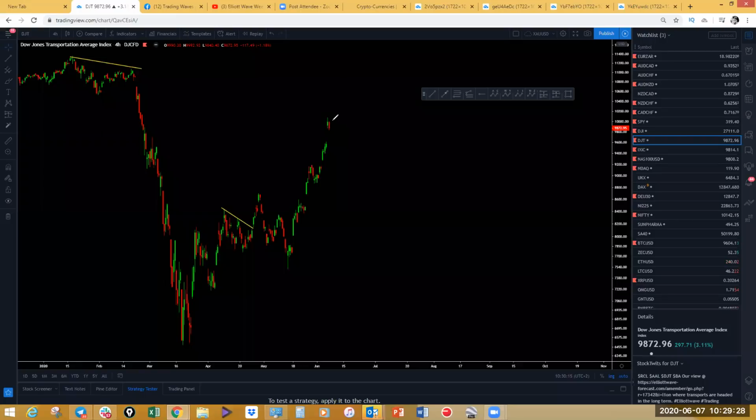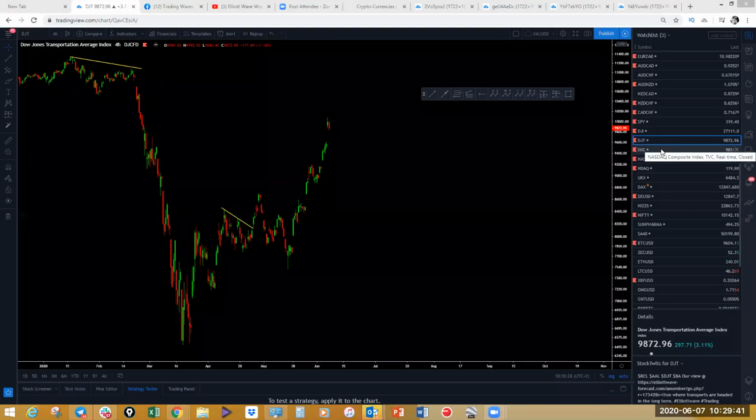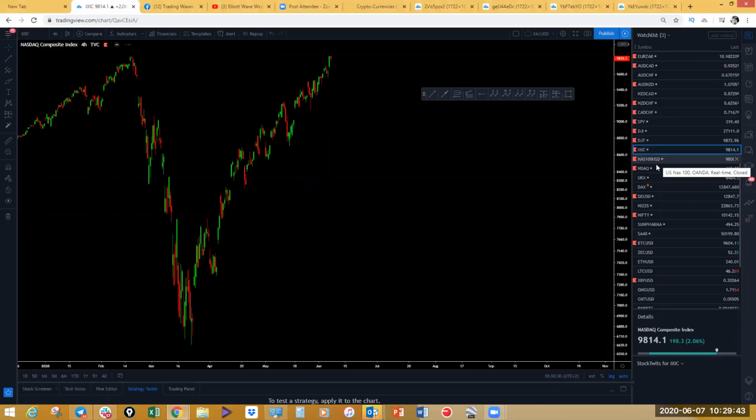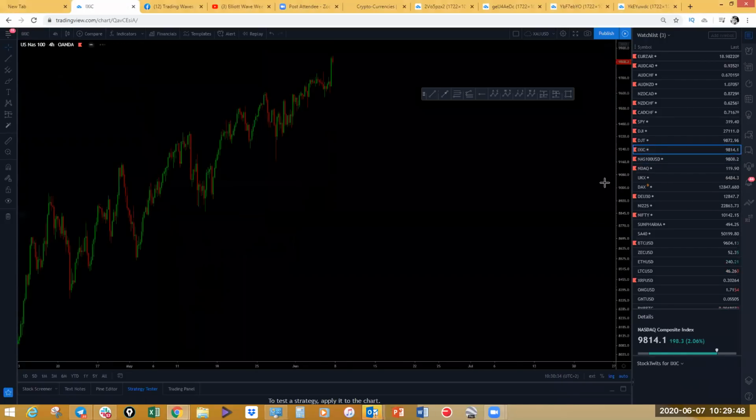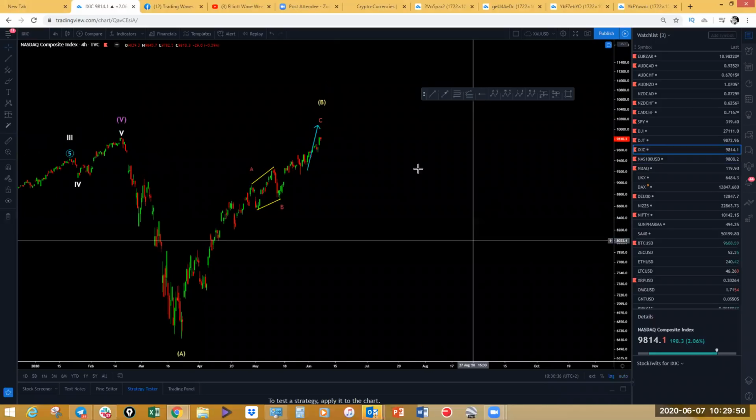As you can see, that's what we have here on the Dow Transportation, still continuing to the upside, strength to the upside. Every time you get a small pullback, we're going to all-time highs here on the transportation and basically most of the indices. The Nasdaq, looking at the Nasdaq, the Nasdaq is exactly the same.